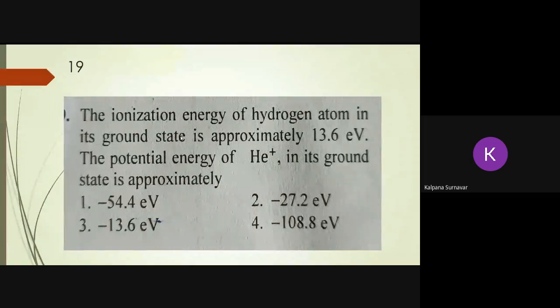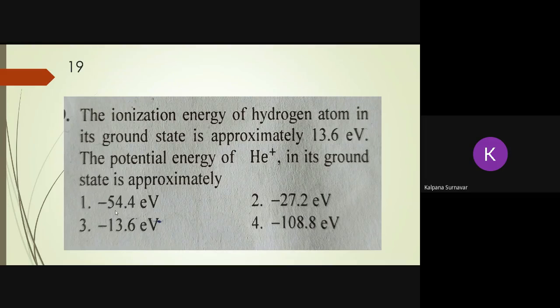The problem is: the ionization energy of a hydrogen atom in its ground state is approximately 13.6 electron volt. The ionization energy of hydrogen atom is given as 13.6 electron volt, and we have to calculate the potential energy of helium plus in the ground state.